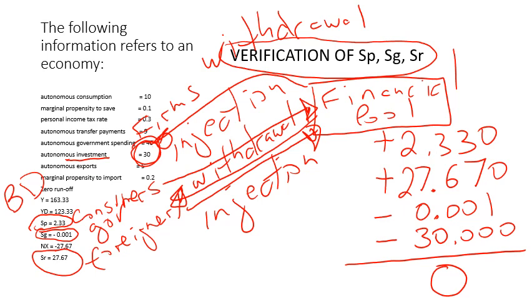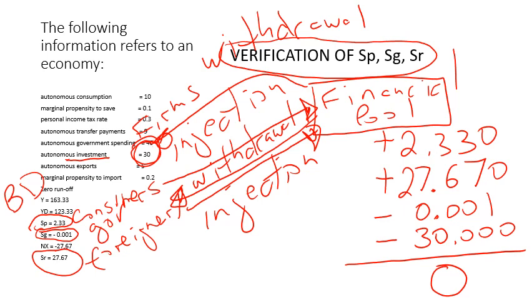All right. This is called a verification, and it just proves that all the numbers are correct. But let me show you a better way to do this. All right, and that's by this equation here.